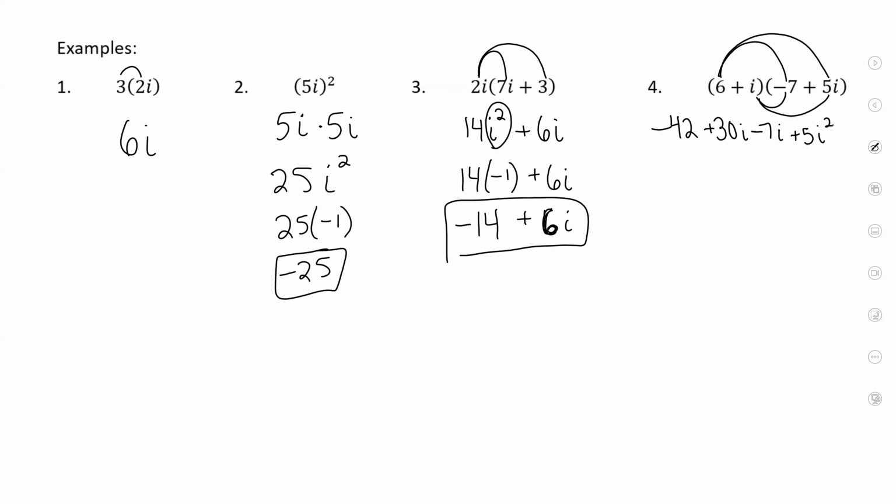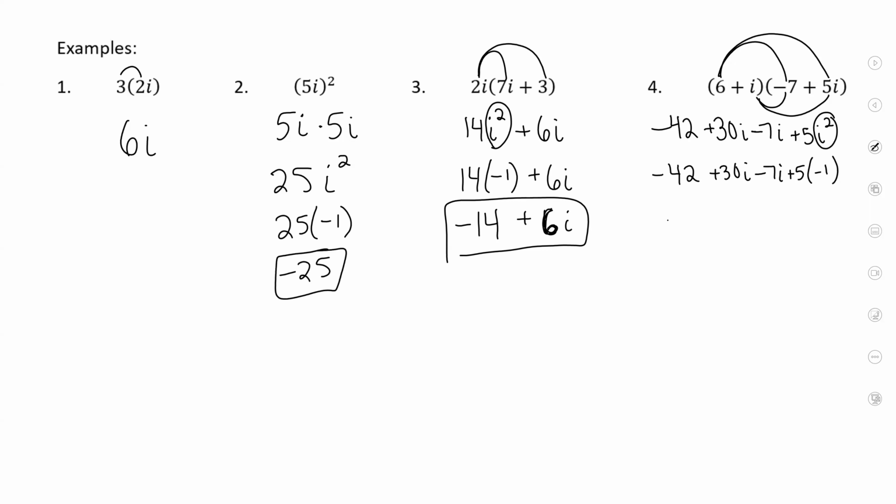Now I'm going to go ahead and simplify. I'm going to bring down the -42, the plus 30i, the -7i, plus 5, and what is i squared? -1. Okay, guys, let's go ahead and simplify this even further.